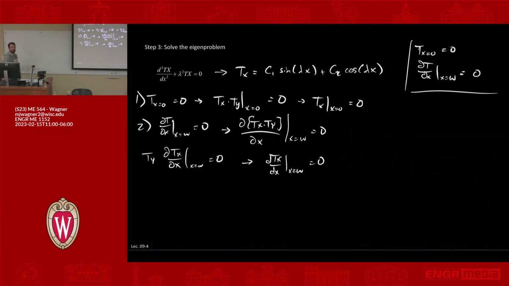I'm just confused when I go back to the T_x T_y equation. I'm confused why you go back and say T_x times T_y. Why are you evaluating at that equation versus T_x? Right.